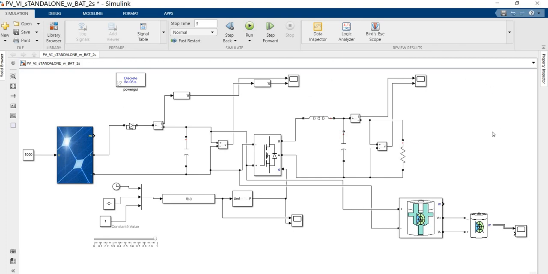The entire setup is as per the Anna University syllabus, the experimental performance of the standalone PV system with open loop configuration, for UG level students and beginners.